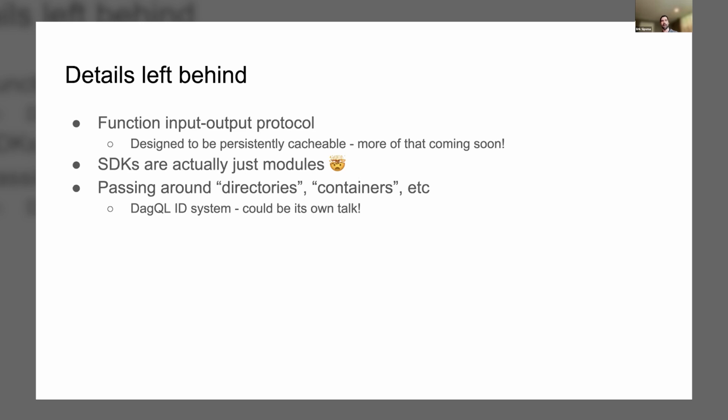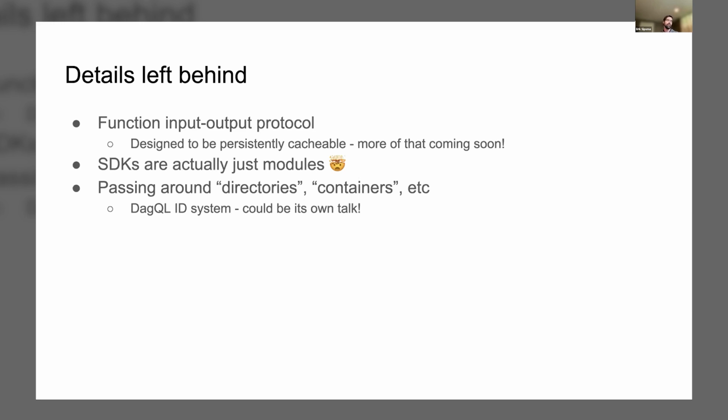You're not literally passing that to the module container or anything like that. What you're actually doing is passing a recipe, I guess you could say, for what that directory is, which means it's content defined, which is great. And it also is cacheable.